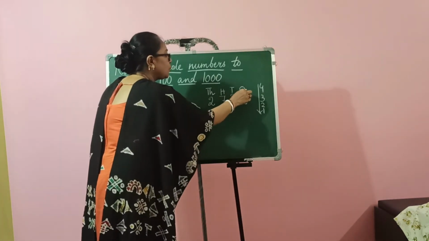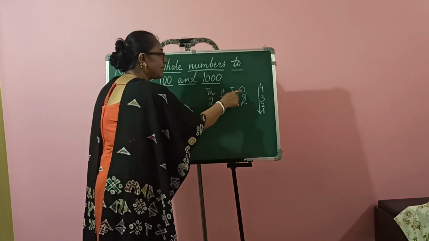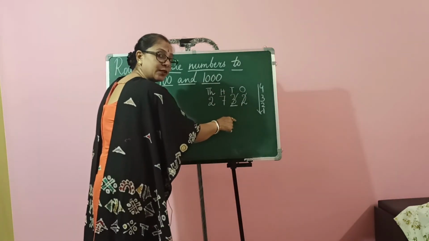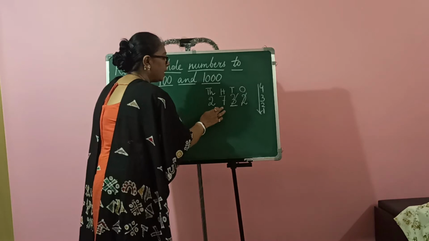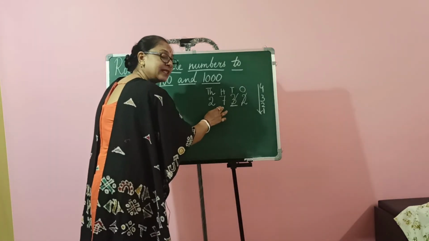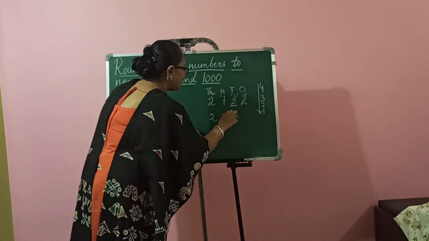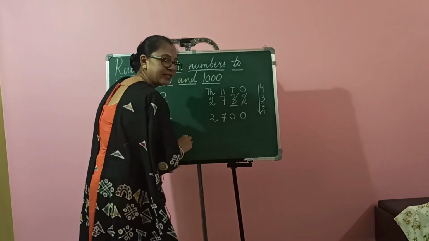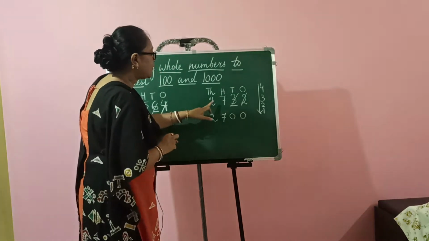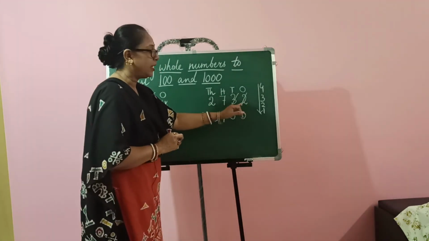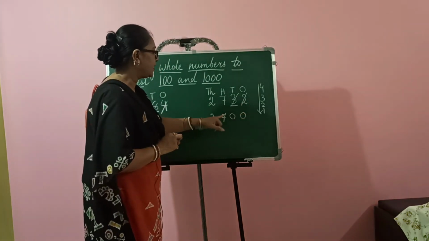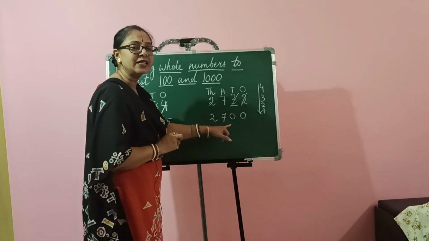Now these two digits in the tens and ones place become 0, and 7 remains the same. So we get 2700. So 2732, if rounded off to the nearest 100, gives us 2700.